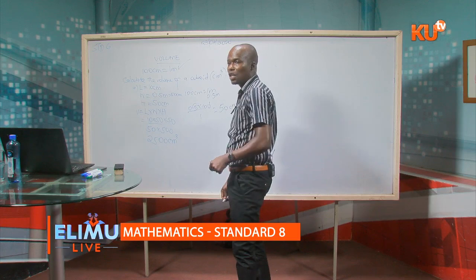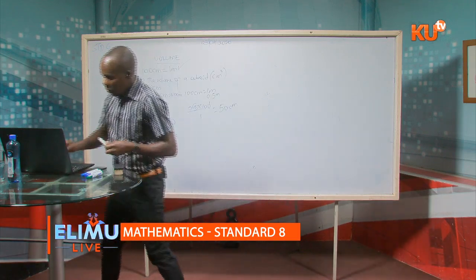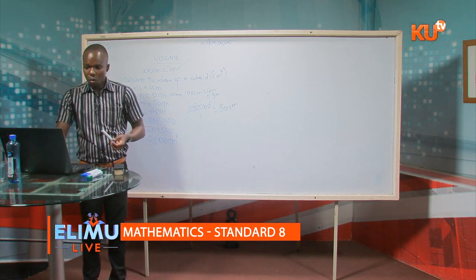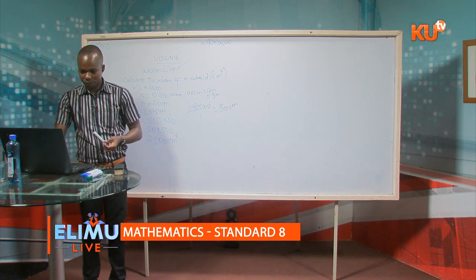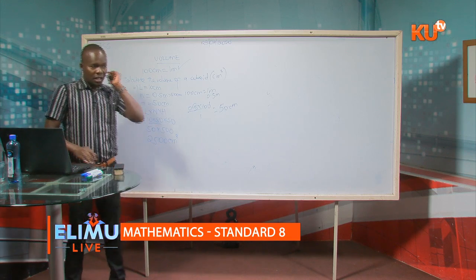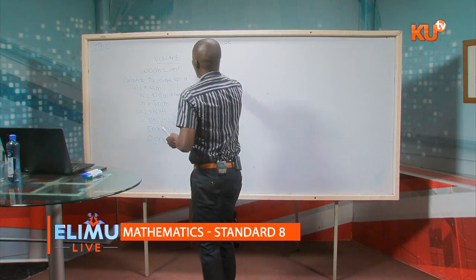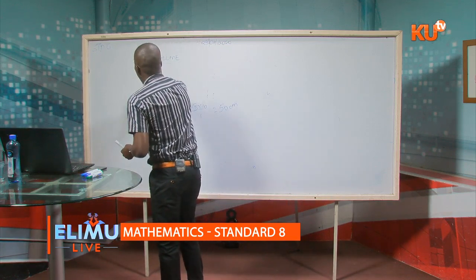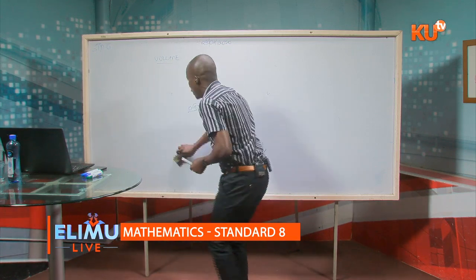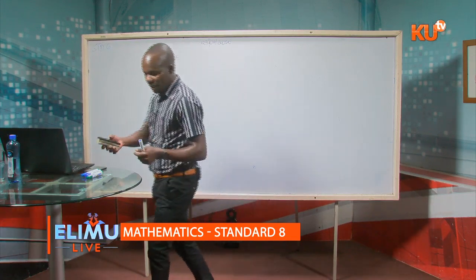You must bring them back to the same unit. Now, there are word problems that involve volumes. And even before that, I said earlier, volume is length by width by height.